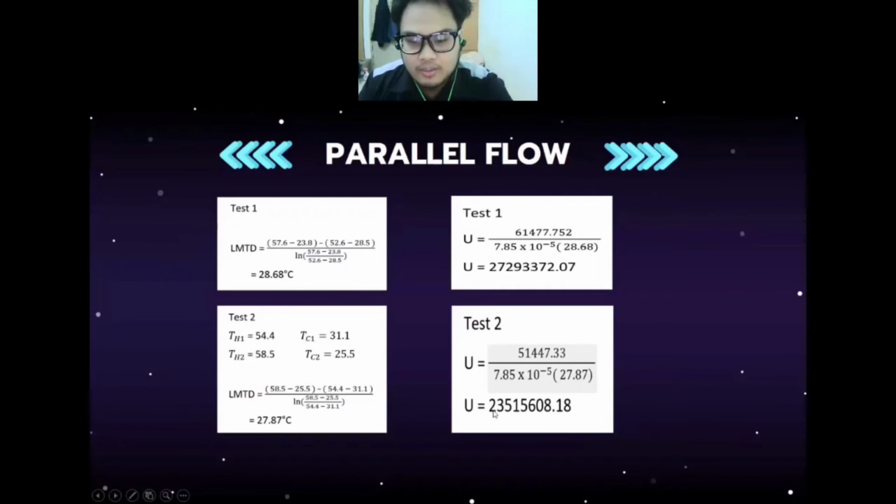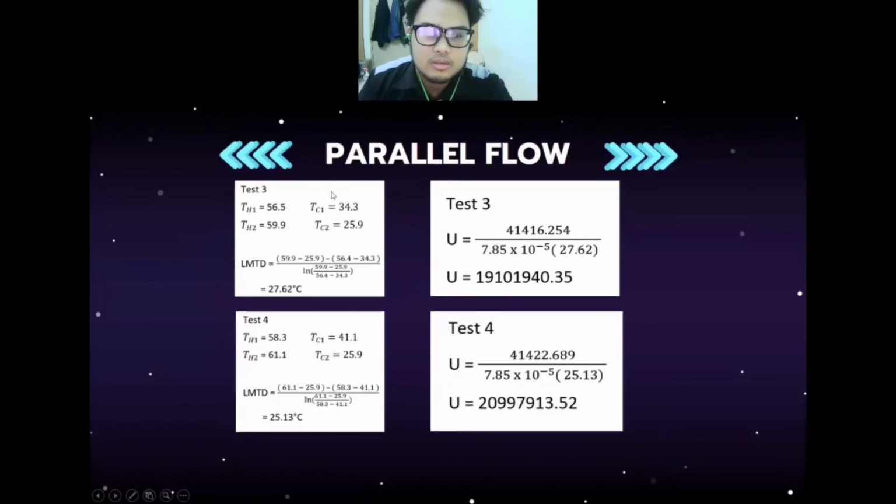We get 23,515,608.18. It goes the same with test 3 and test 4. We have to calculate both the LMTD and the heat transfer coefficient. So in conclusion, we calculate the LMTD, so we can proceed to calculate the heat transfer coefficient.